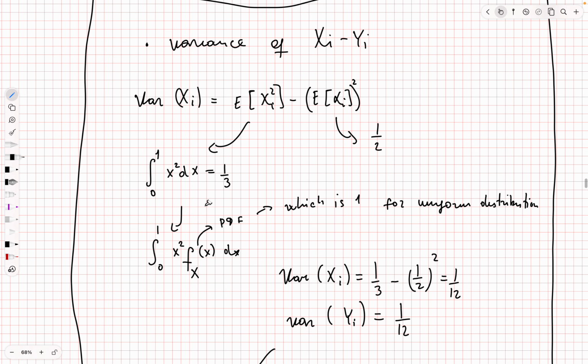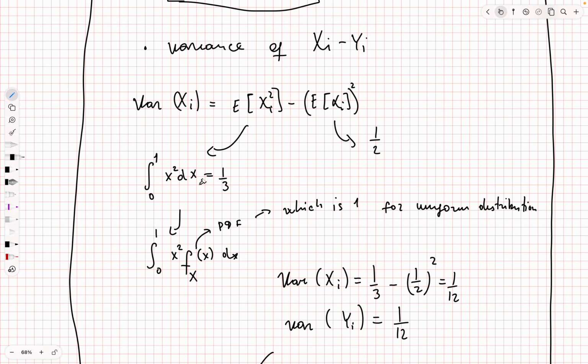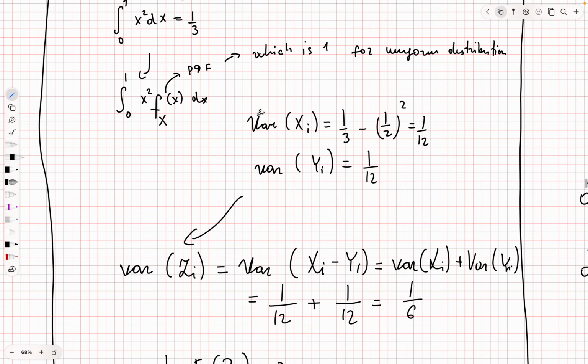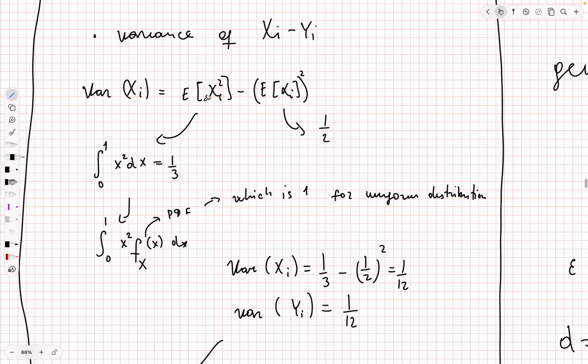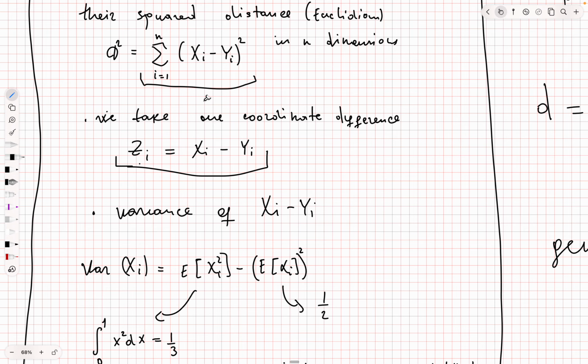We know that in a uniform distribution, any value of the random variable is equally likely to happen. So for every value it's going to be 1, and that's why we didn't write it here. And we just calculate this integral, and it will give us 1 over 3. So this part gives us 1 over 3. And we don't need to do an integral for the expected value of xi because it's basically 1 over 2.